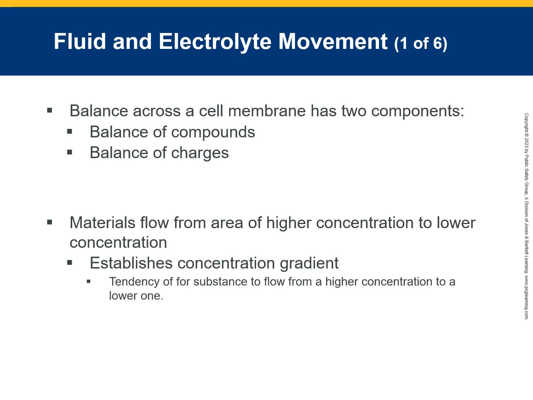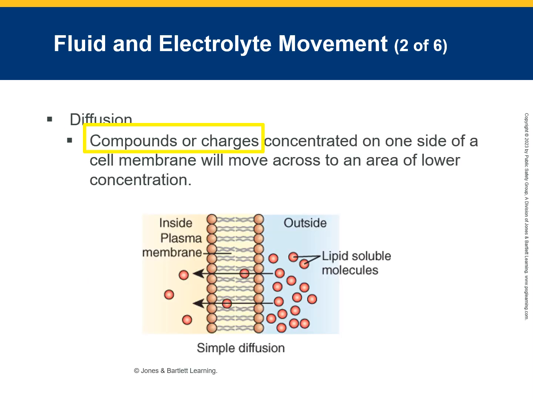So our concentration gradient is the tendency of a substance to flow from a higher concentration to a lower one. Diffusion: compounds or charges concentrated on one side of a cell membrane will move across it to an area of lower concentration. That process is called diffusion.